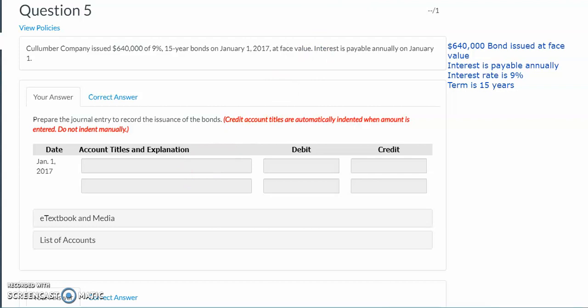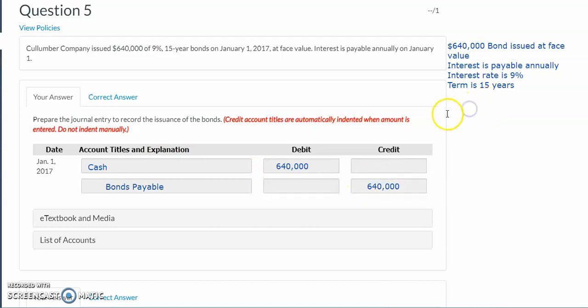We just need to debit cash, because a bond is a large borrowing, and the dollar amount that we have here is $640,000, and we're going to credit our bonds payable account for $640,000.